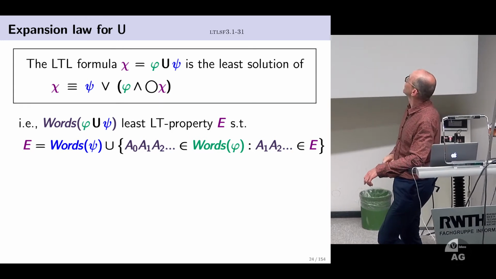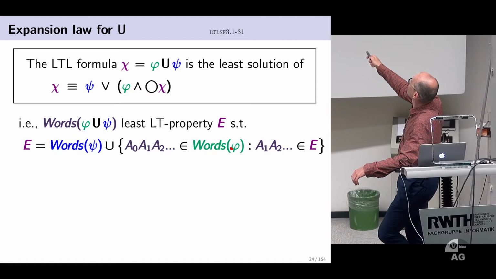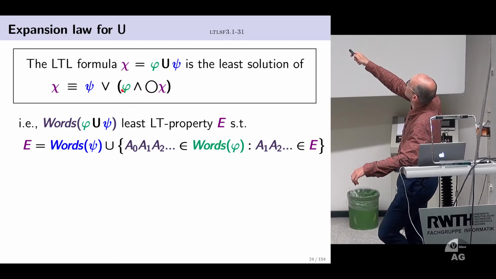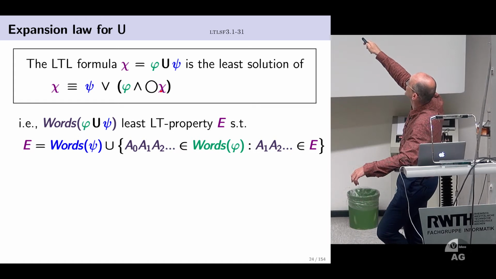We do this as follows. We take something that satisfies phi, so we first look at the first conjunct. So we take an infinite trace satisfying phi. Now what do we have to do in order to satisfy the second conjunct? We have to express that from the next point on, psi should hold.